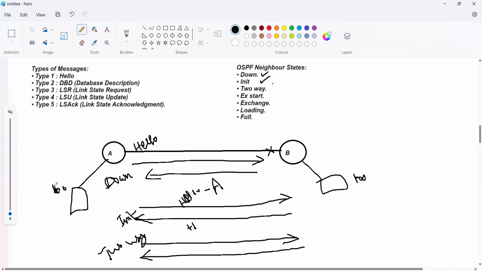And in this two-way state, the DR and BDR are also elected, and whichever router has a router ID starts sending its router ID.